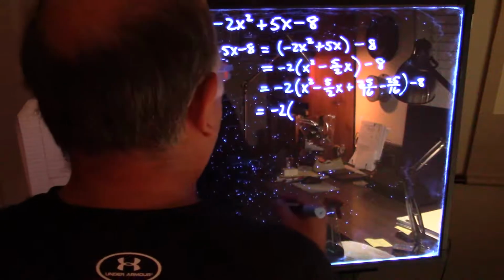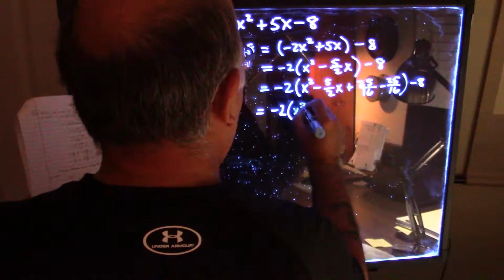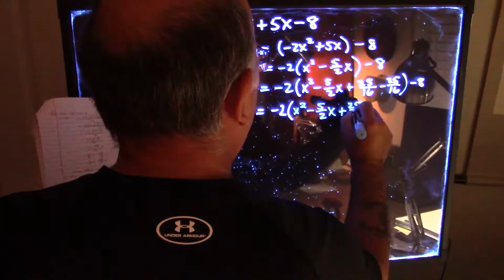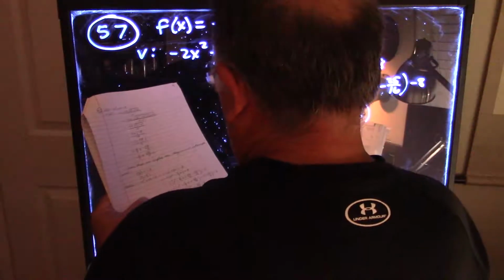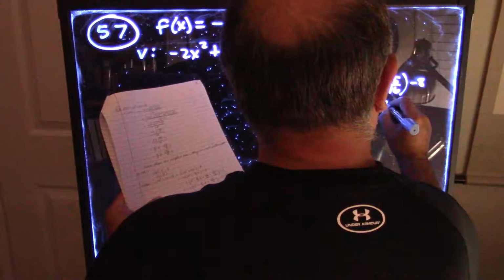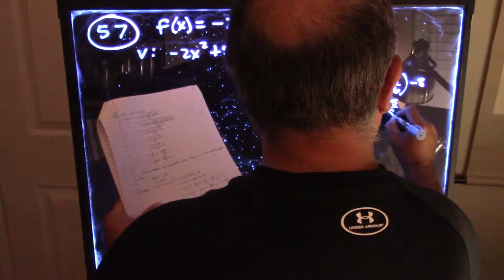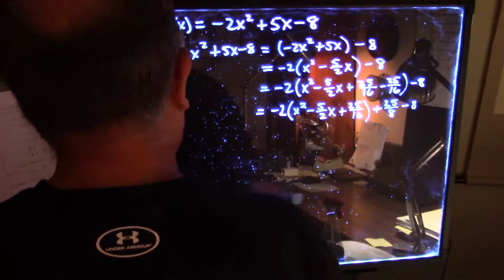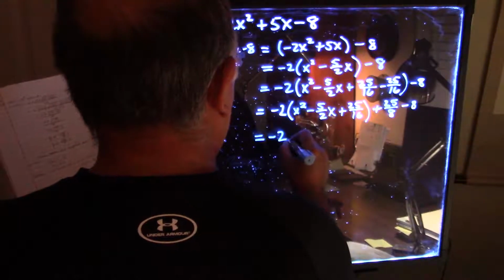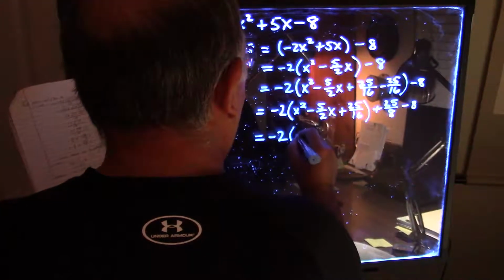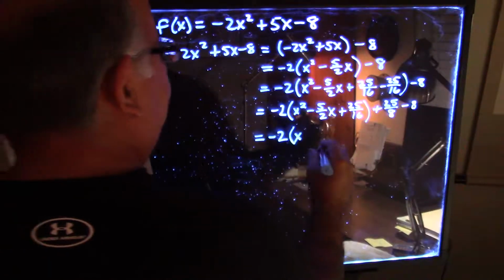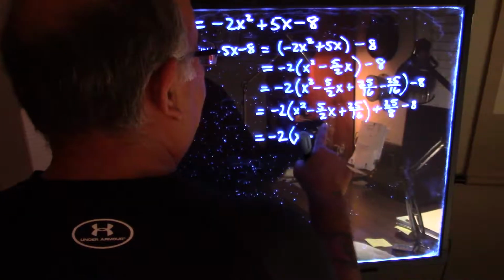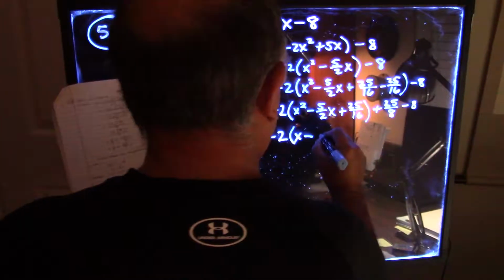Alright, so now you can bring out that 25/8, which becomes positive 25/8 minus 8. In the parentheses we have a perfect square trinomial. This is x, and it's going to be a minus because of that minus, and then take either the square root of that, which is 5/4, or half of that, which is 5/4.